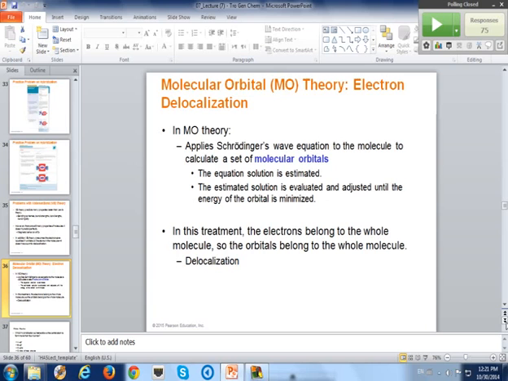Recall the Schrodinger equation. I write here on the board the Hamiltonian on the wave function being equal to the energy times the wave function. And molecular orbital theory applies this equation to the whole molecule rather than the individual atoms in that molecule. And it derives wave functions characteristic of the whole molecule. Right?